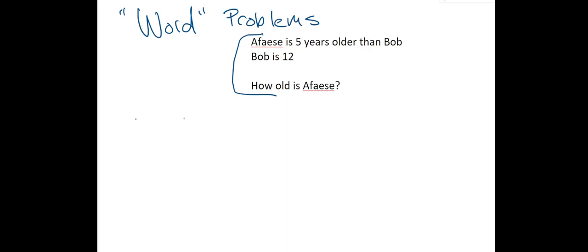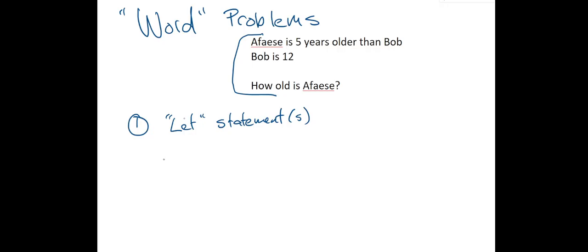What would we do? Well, our first step is to use our let statement. Or really statements, I guess. What that means is that we want to find the variables and sort of give them a letter.